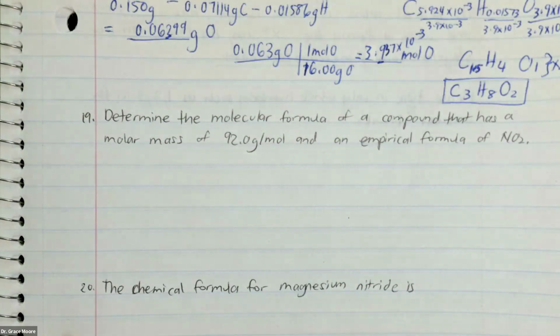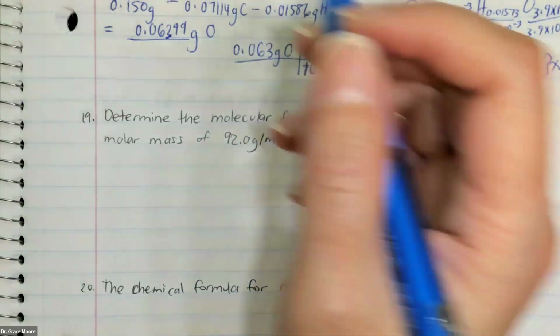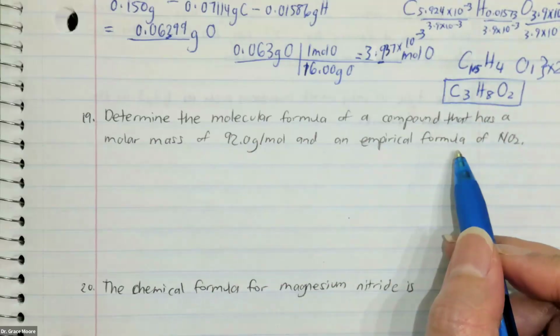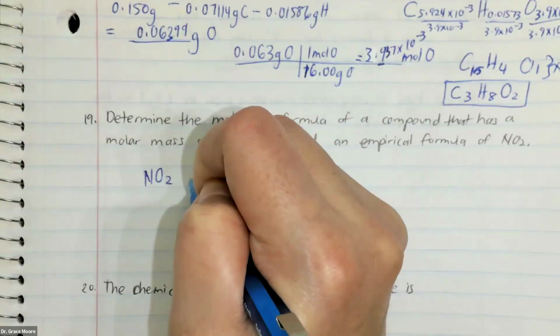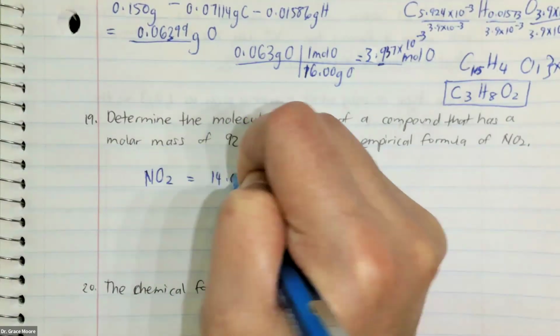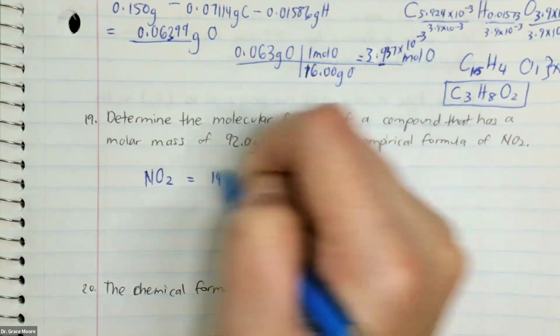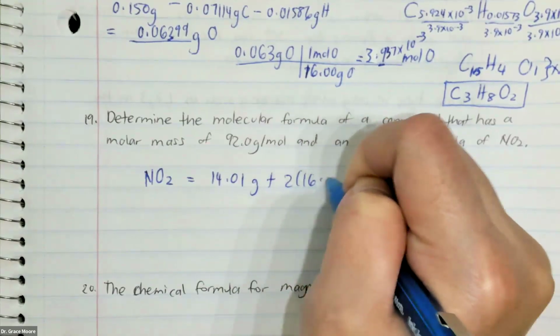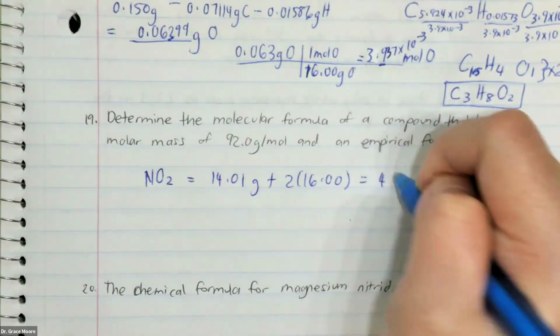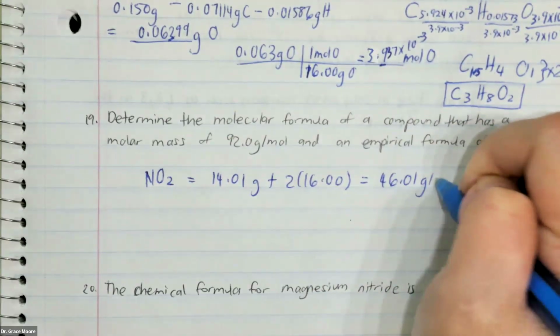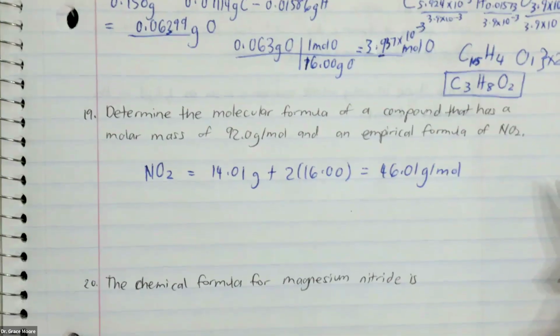All right, let's finish off number 19. So if I have the molar mass 92, let's find out what the empirical mass is. If NO2, N is 14.01 plus 2 times 16. What's my mass? It would be 46.01. That's the mass of the empirical formula.